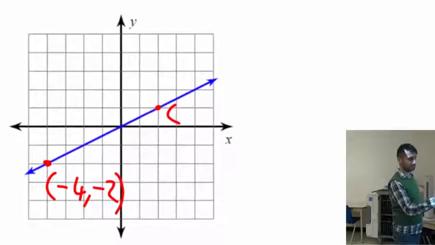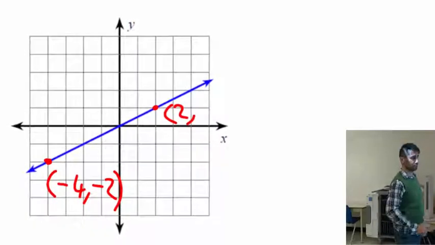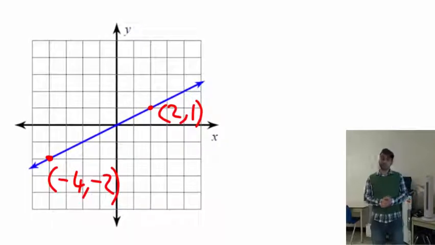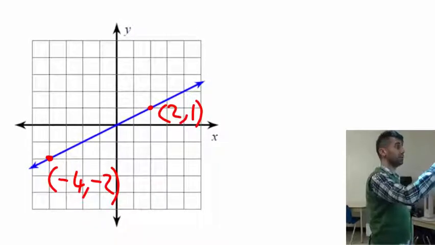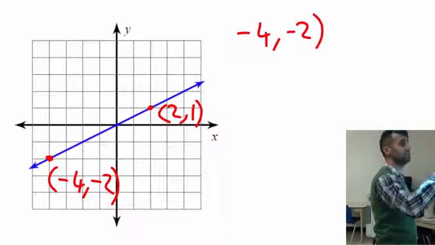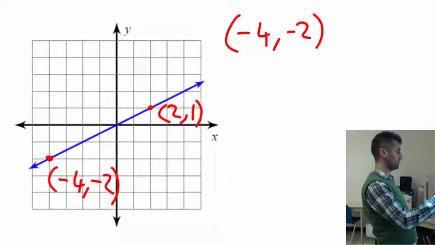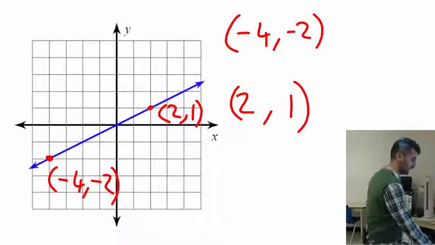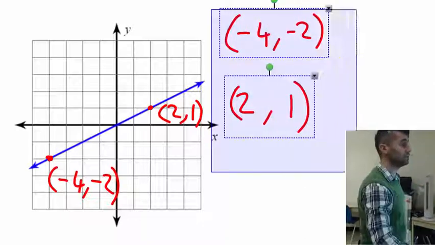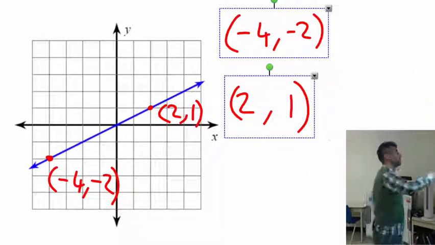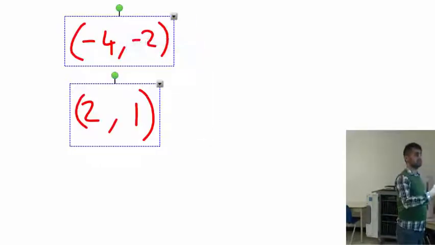This is at 2 and 1. So the coordinates we have are (-4, -2) and (2, 1). Let me copy the coordinates. You need the two coordinates. And let's open a new page and paste it here.